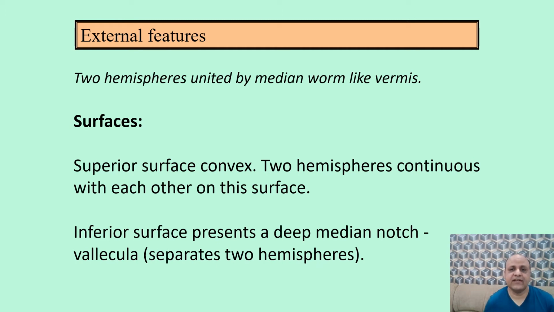So the two hemispheres are united together by a median worm-like vermis. So vermis is the portion which is joining the two cerebellar hemispheres, and it is like the corpus callosum. So if you look at the surfaces of the cerebellum, the two surfaces of the cerebellar hemispheres from above, then we make out that the two hemispheres are continuous with each other.